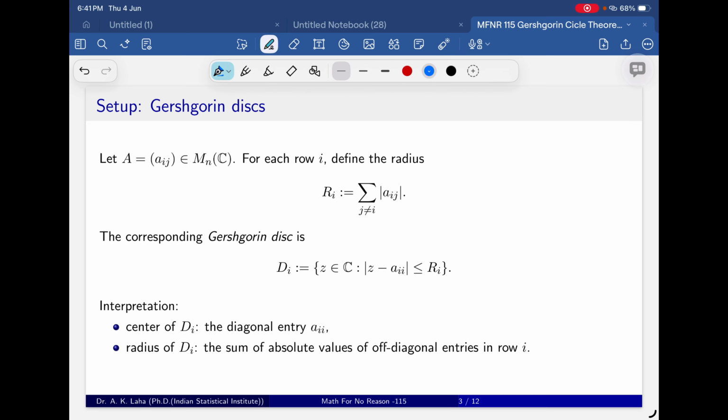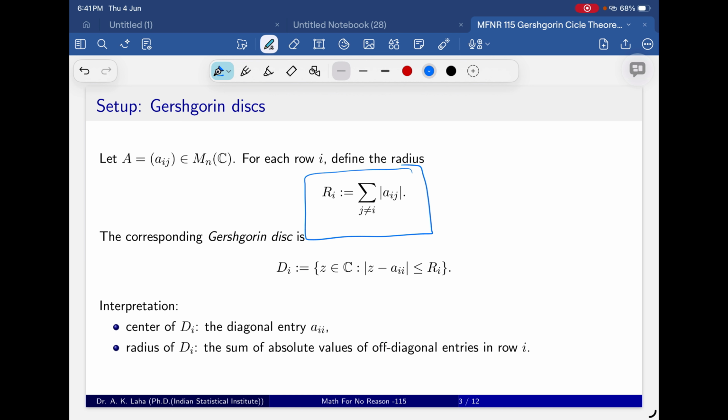And we define this quantity Ri as the sum over j not equal to i of the absolute value of Aij. So this is the sum of the moduli of all the non-diagonal entries in a row.